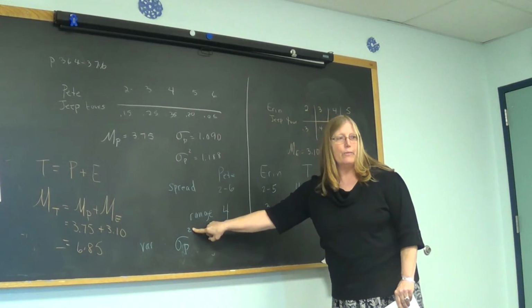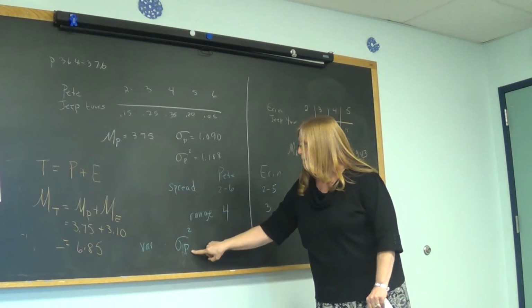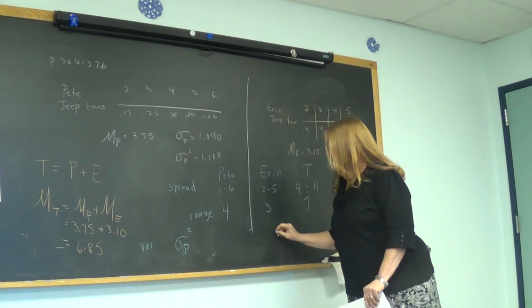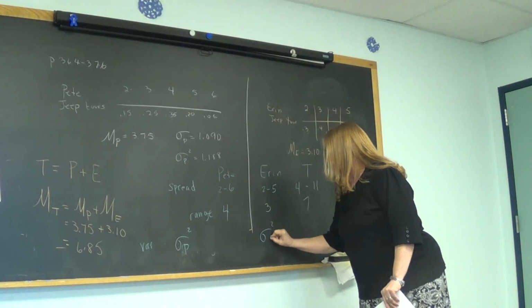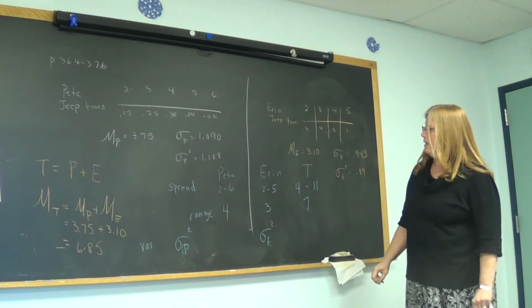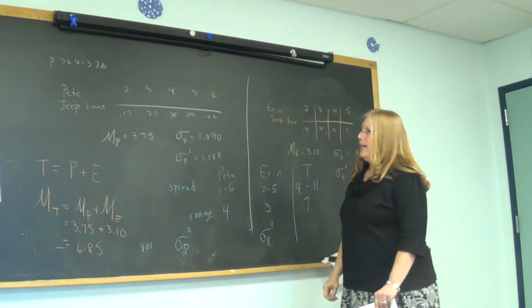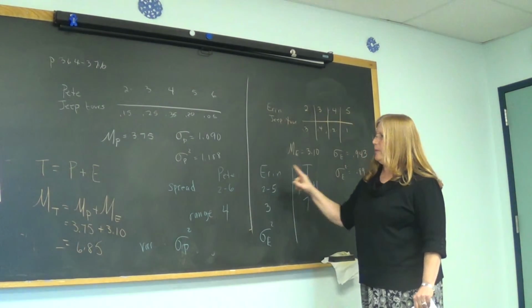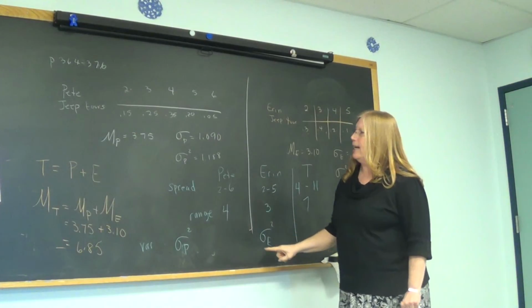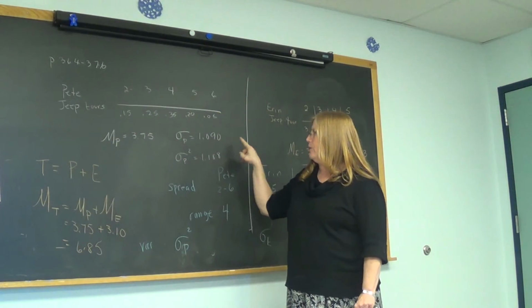So that's what we use for the symbol for variance. So Pete's variance and Erin's variance, to get the total variance over here under the T, we can do just like what we did with the range. We can just add their variance. So remember I gave those to you.